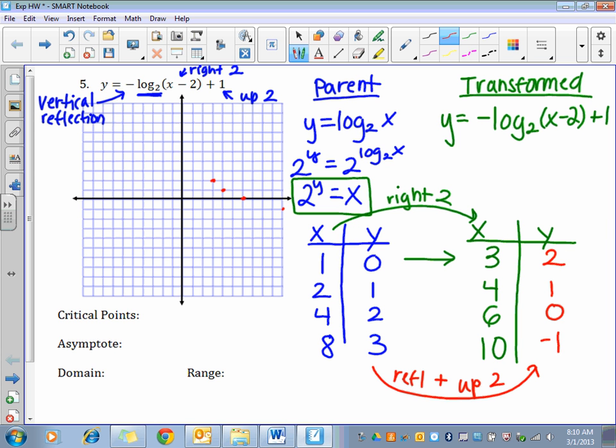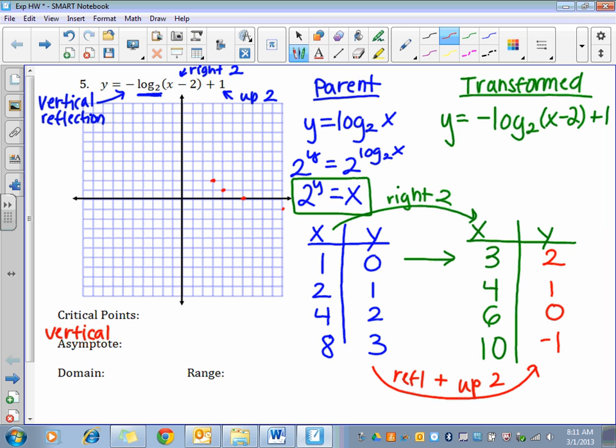Before I connect the dots, I really want to make sure that I move the asymptote appropriately. If you recall from our magic tracing paper, we know that a logarithmic function will have a vertical asymptote. So I need to see, has anything changed?